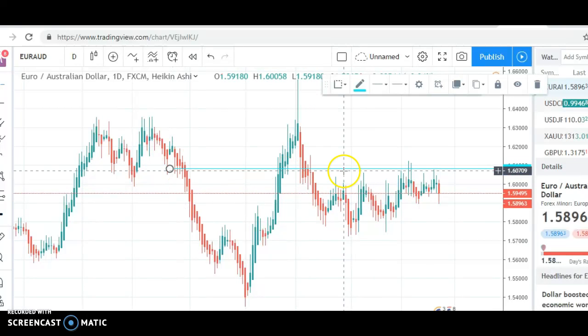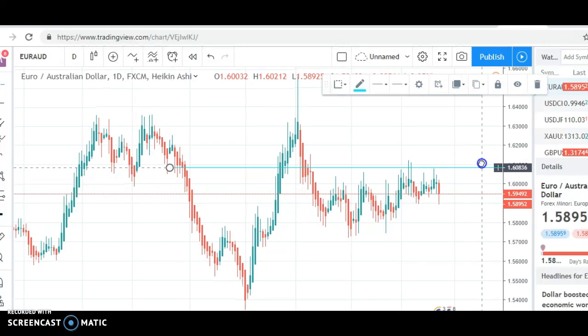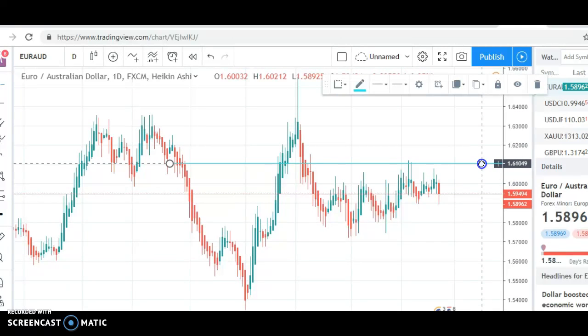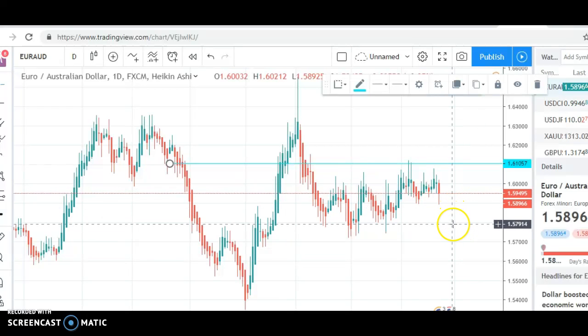So there's a possibility at 1.6109. Now you can see what's happening right here. Such trades are the kind of trades you can go into because of the volatility, and there's no direction on the daily time frame for those currencies because it's not stable.